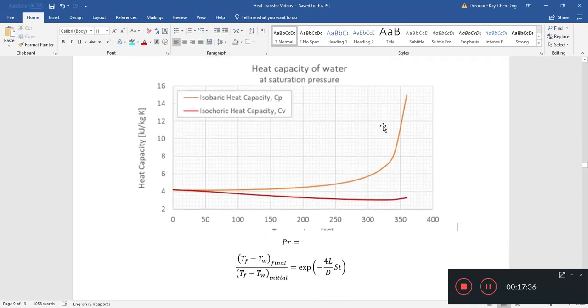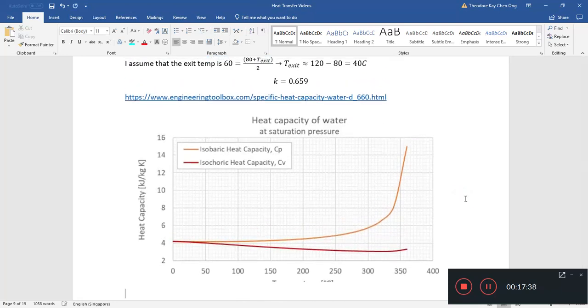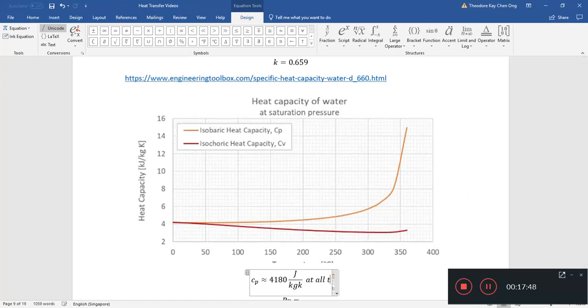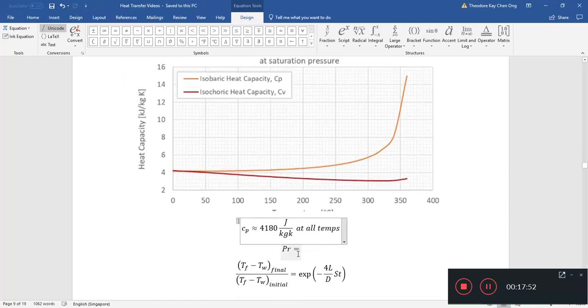So we can just assume Cp is 4180 J per kg K at all temperatures, just to make our life easy.